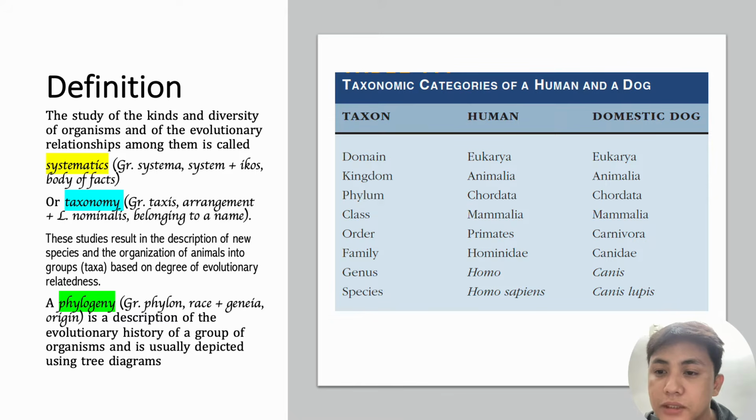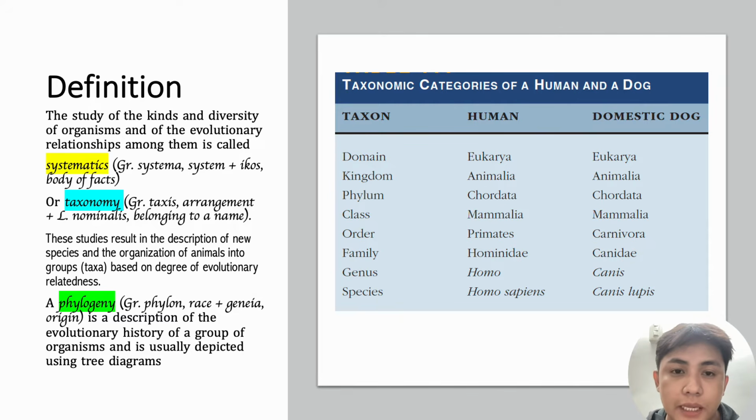When new species are discovered, scientists describe them and organize them into groups called taxa, based on how closely they are related evolutionarily. Another key term here is phylogeny, which means the evolutionary history of a group of organisms. We usually represent phylogeny using tree diagrams that show common ancestors and how species branch out over time.